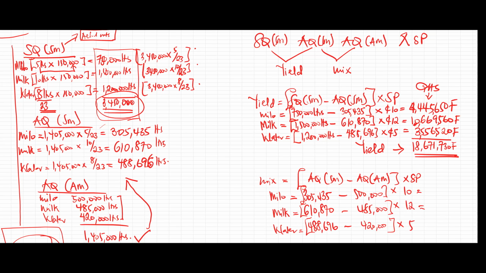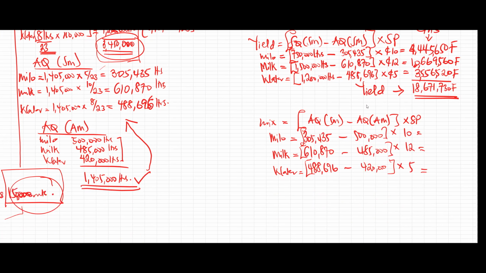For Milo, 305,435 minus 500,000, all at 10, adverse of 1,945,650.